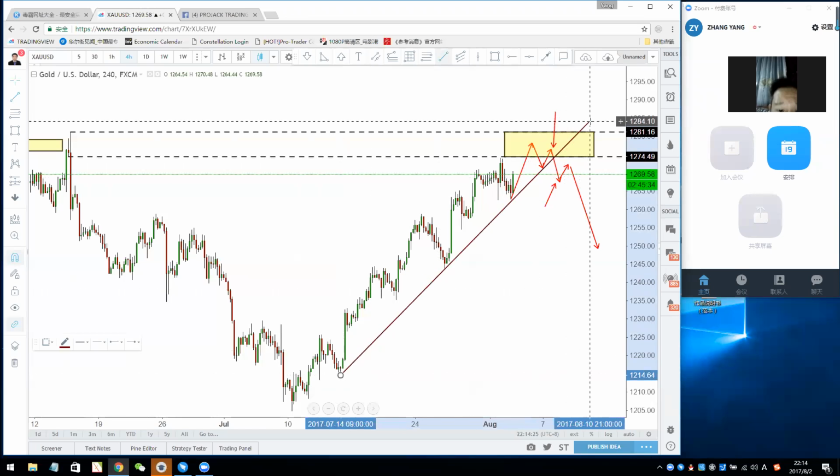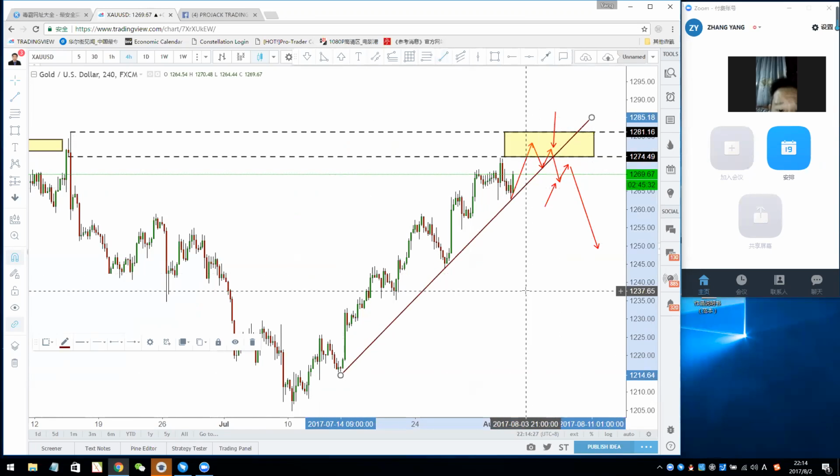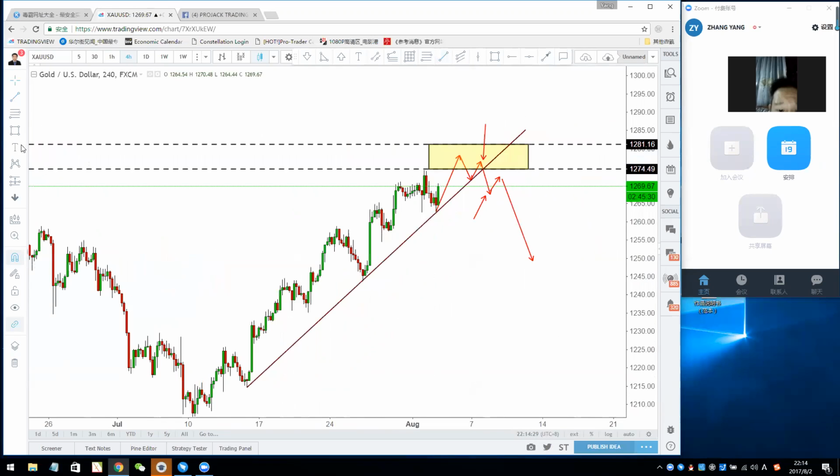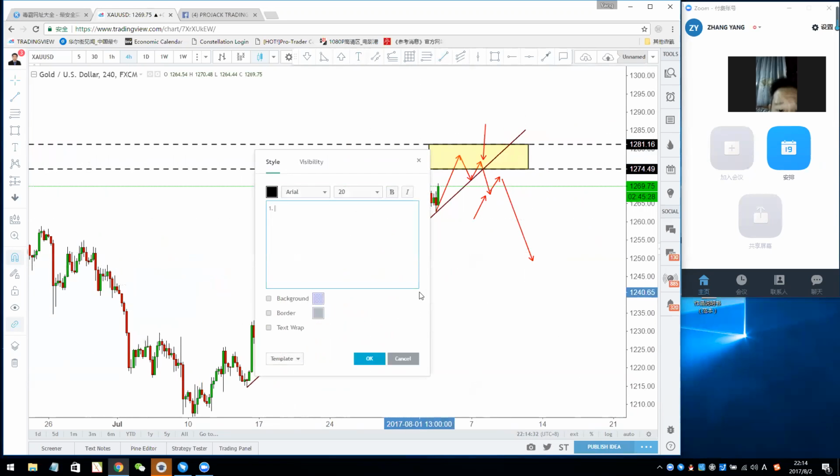I want to see these things happen at the same time. First, I want to see a lower high. Second, I want to see a lower low. Thirdly, I want to see the trend line broken.